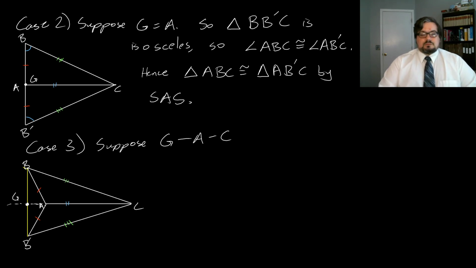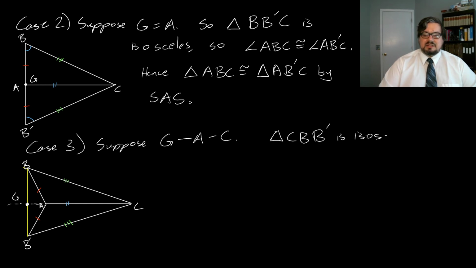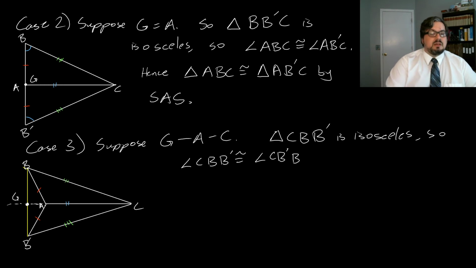So, we're going to use the same sort of argument as in case 1. We're going to look at first at triangle CBB'. Now, triangle CBB' is isosceles. So that means that angle CBB' is congruent to angle CB'B.